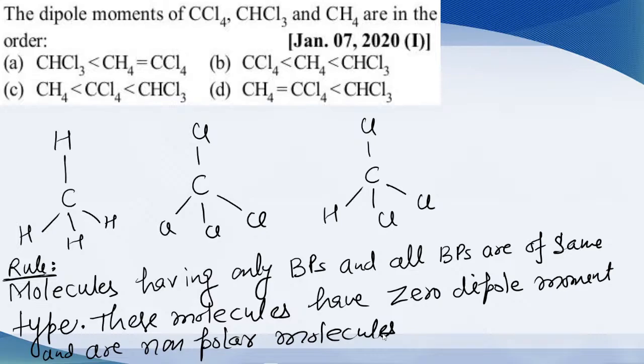In methane there are only bond pairs and all are of the same type, so dipole moment is 0. In CCl4 all are bond pairs of the same type, again dipole moment is 0.